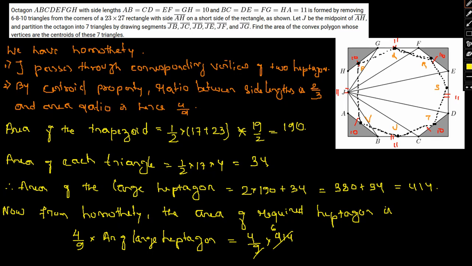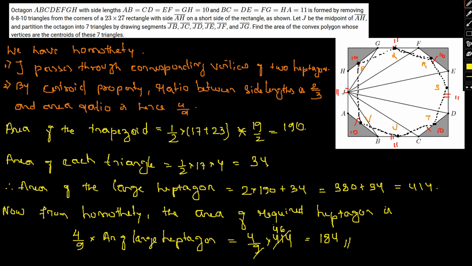Oh sorry, my bad. So 414 divided by 9 is 46, and 46 into 4 gives us 184, which is the final answer.